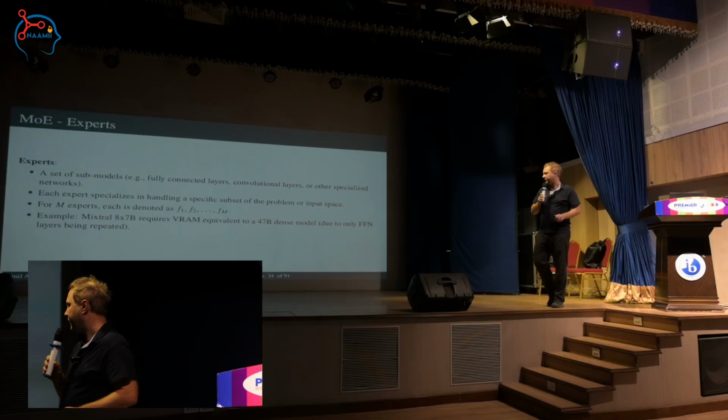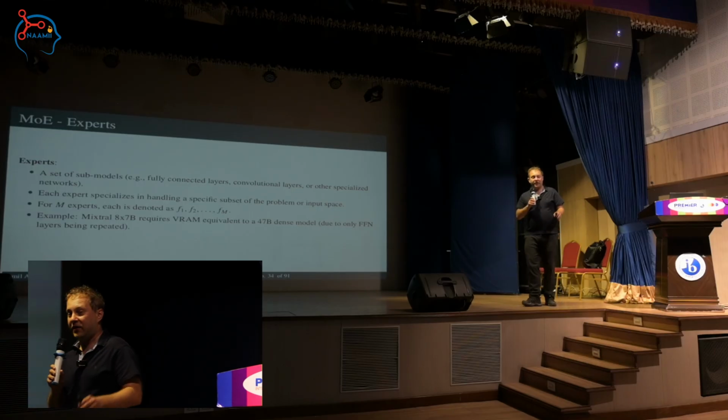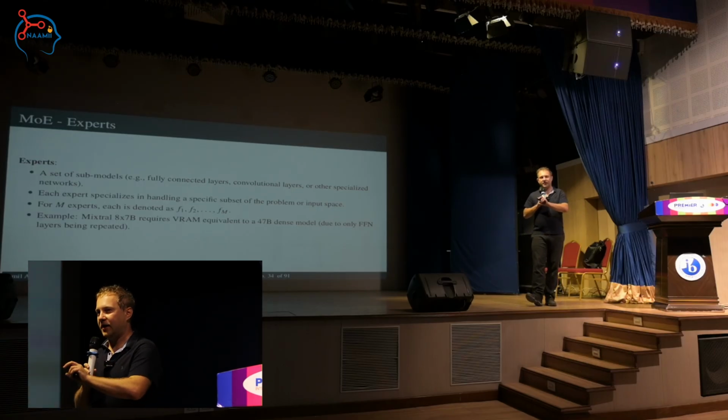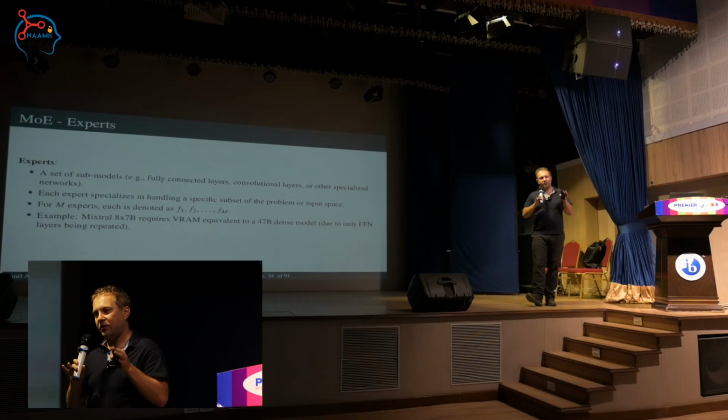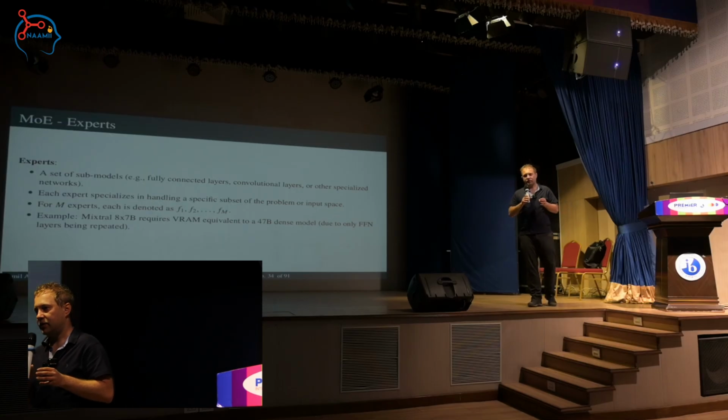Why do we have less? We have 47B because, as you saw, in the transformer architecture we only repeat the FFN layers, while other elements like attention, layer normalization, or embedding layers are shared.